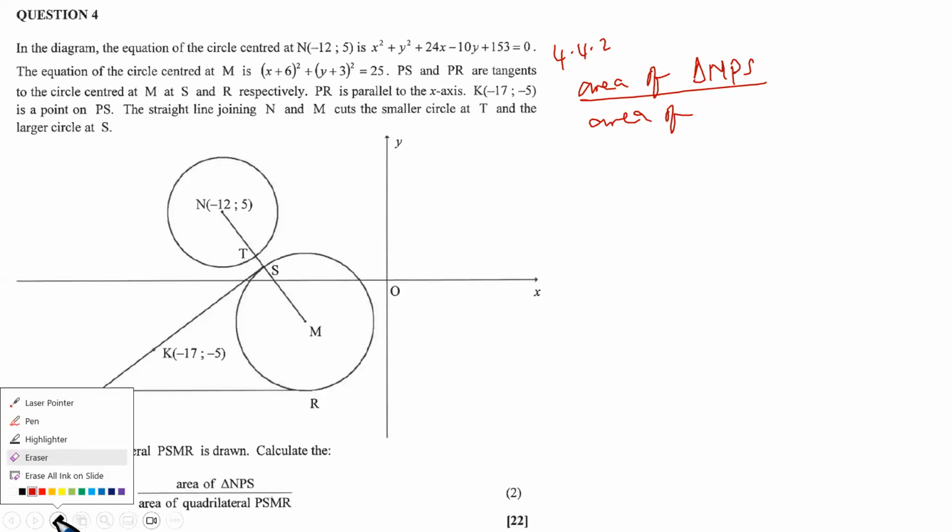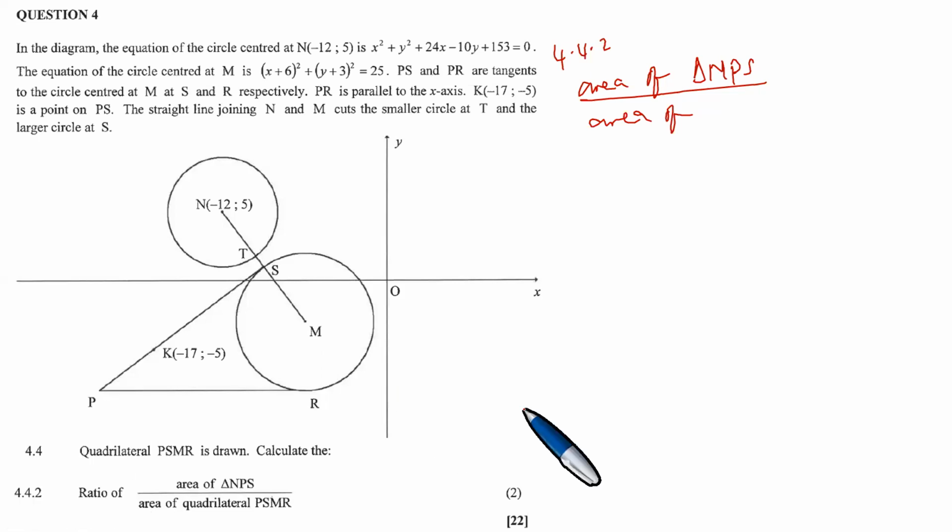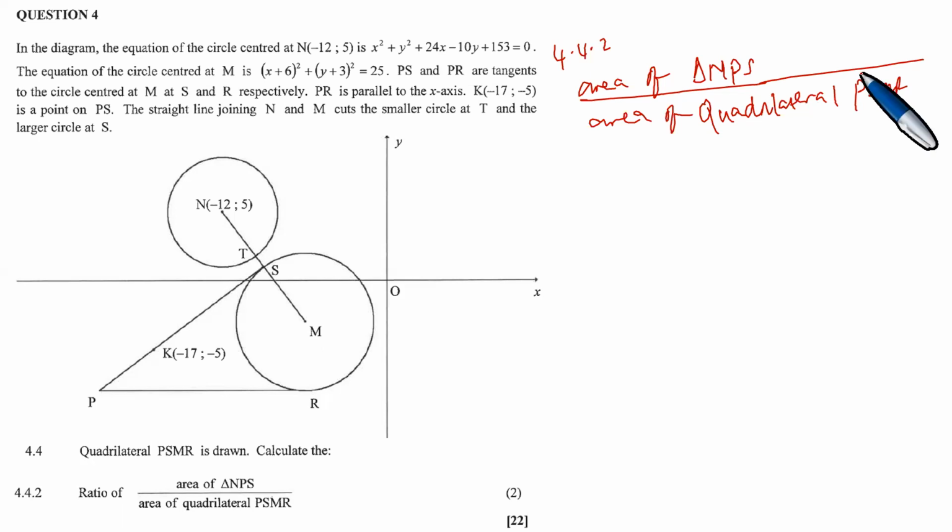Right, so we have this area of quadrilateral PSMR. What is the area of triangle NPS?